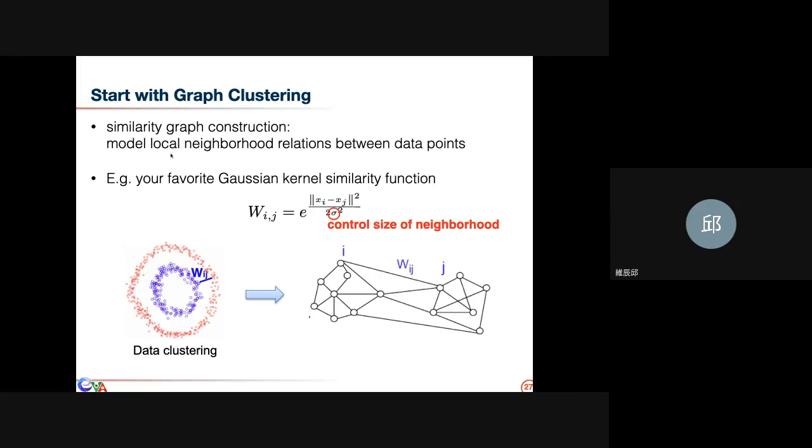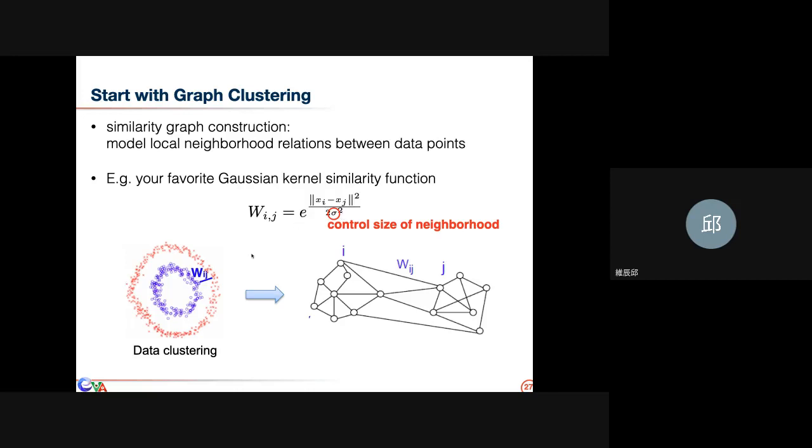So you can have your own way to define the similarity measures between the data points. For instance, this is actually a quite popular choice: you can use the Gaussian kernel similarity function, for example, the exponential of minus the L2 norm squared divided by 2 sigma square.